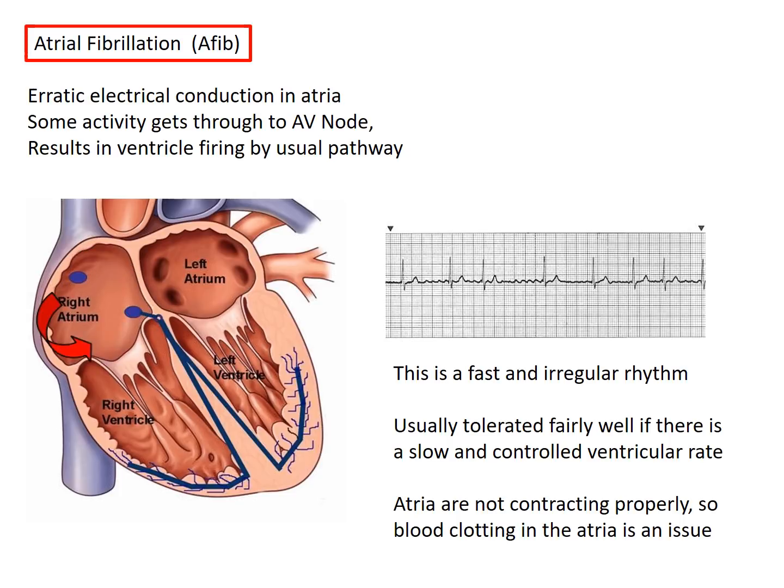So a lot of you know that individuals who are in chronic AFib will be on some type of anticoagulant medication to prevent clotting in the atrium and therefore prevent emboli coming out of either the pulmonary side or the aortic side. And we covered some of those anticoagulants in a previous chapter.